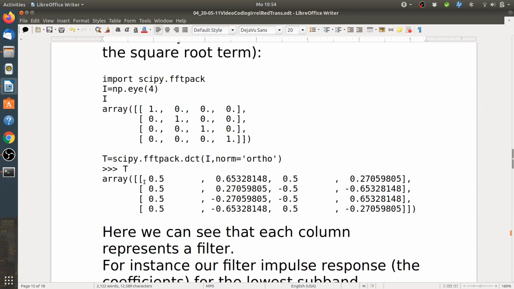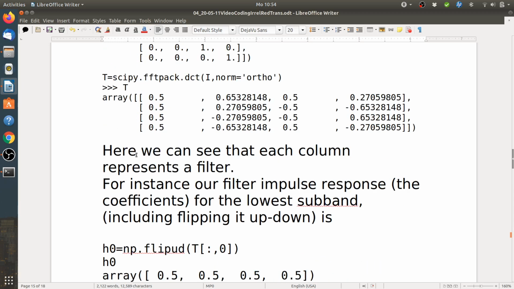And this is then the resulting transform matrix T. I conveniently generated it using this function in Python, but I could as well have done it using the formula that we just saw and two for loops. Here we can see that each column now represents a filter.